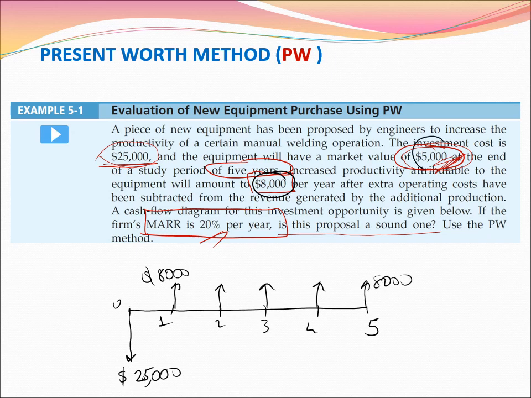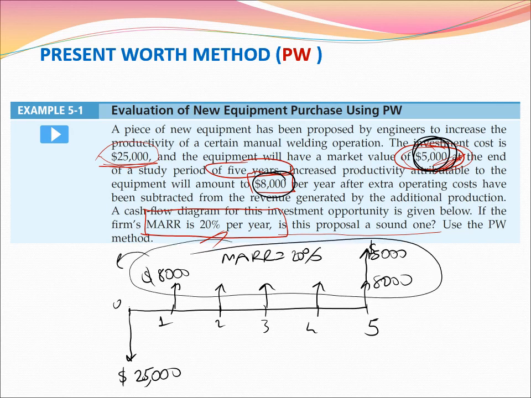And at the end of the 5th year, when I sell the equipment in the market, I have an additional $5,000. Okay, this is the cash flow, and the MARR is given as 20%. So what shall we do? We will find the present worth of the cash inflow, and we will subtract the cash outflow from it.